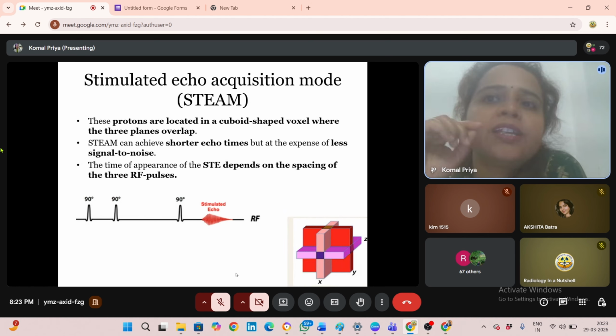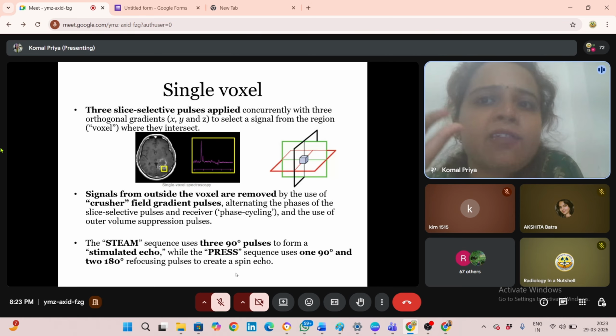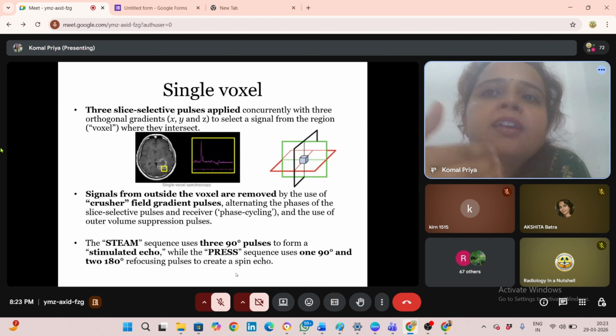So the single voxel technique will use these three intersecting slices, like how I have shown you here, to locate a single voxel, right? X, Y, and Z. There are three intersecting slices, you can see green, black, and red. From a particular voxel, they will intersect, and that will generate a single voxel to show the spectrum.